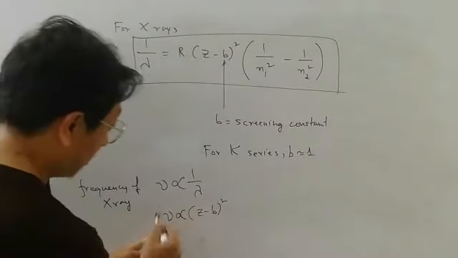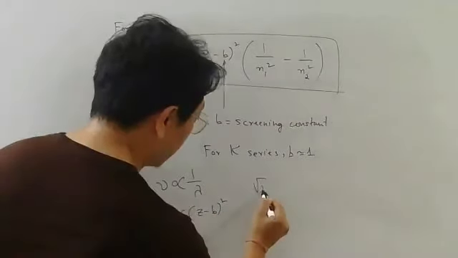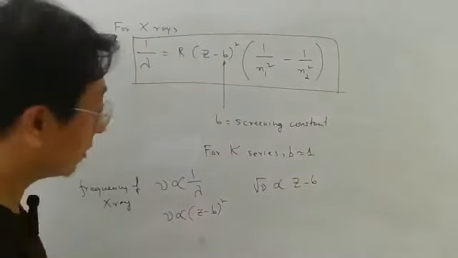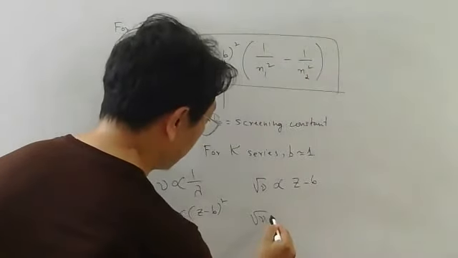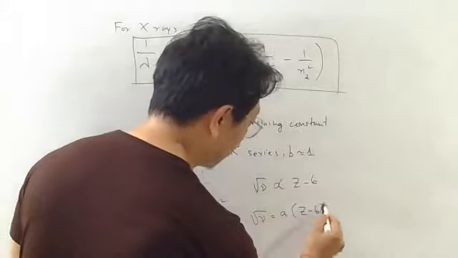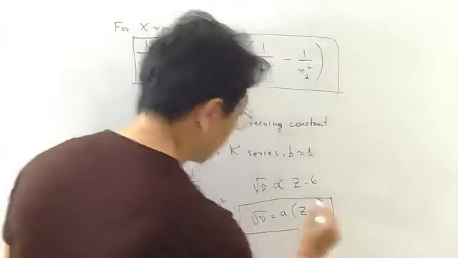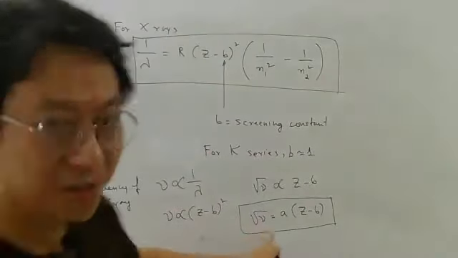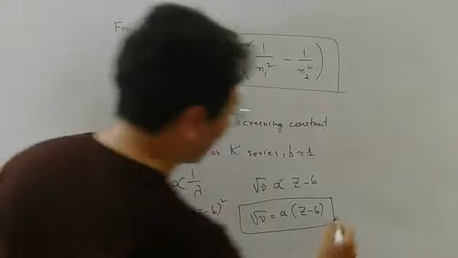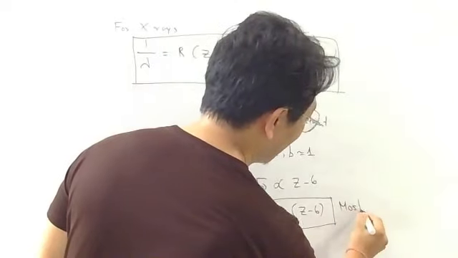Agree or not? Now this means root frequency will be proportional to Z minus b. That means root frequency will be equal to some other constant times (Z minus b). Do you know what this law is called? Anyone? Very good, Shabant. It is called Moseley's law.